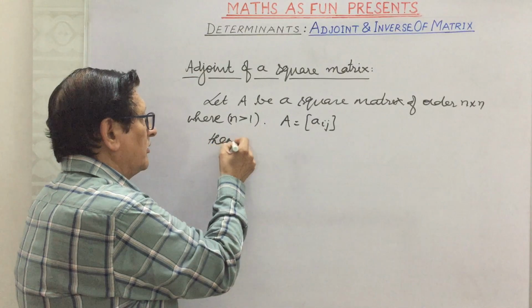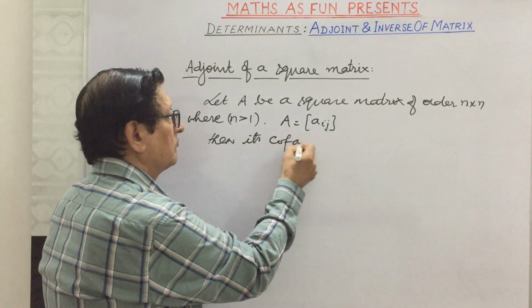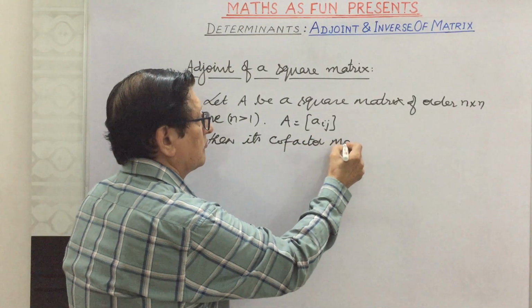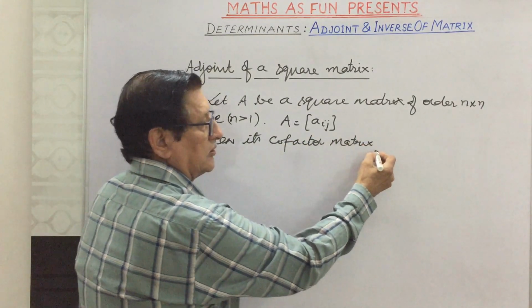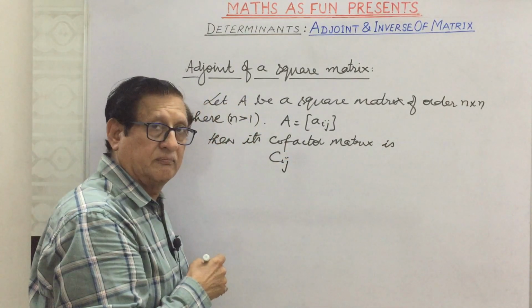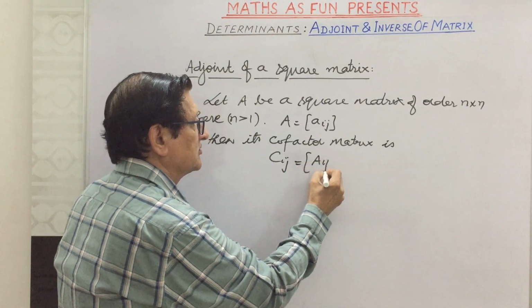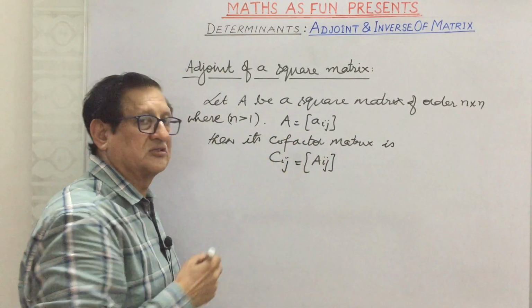Then its cofactor matrix is represented as Cij, and that will have all the cofactors Aij of all its elements.